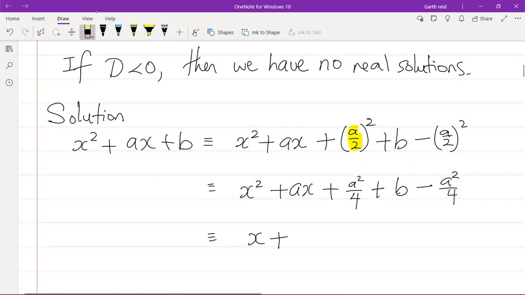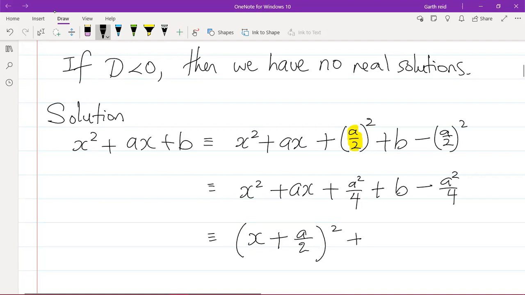So it's going to be x plus a over 2 all squared. So that's our perfect square there. And then I'm going to simplify this plus b minus a squared over 4.